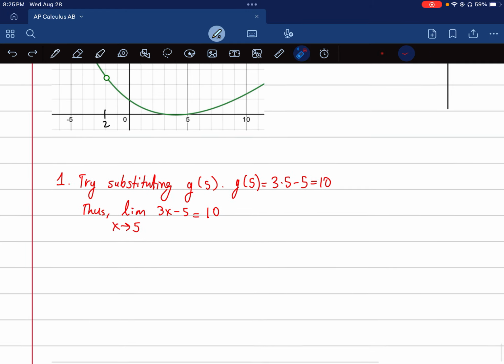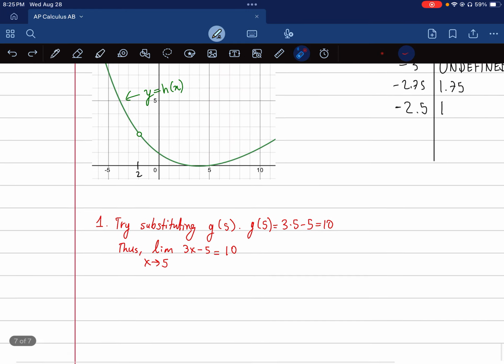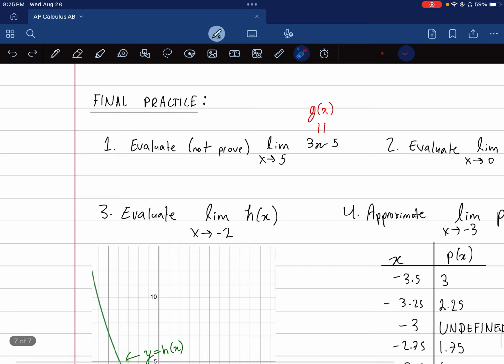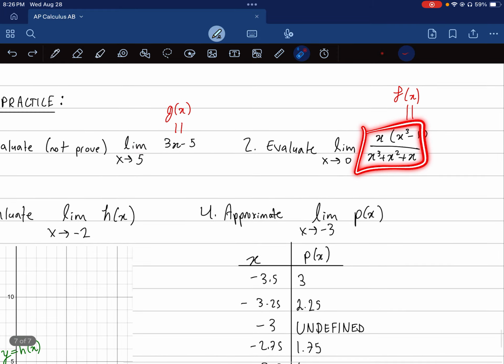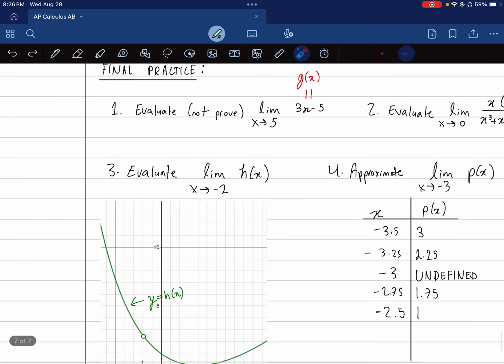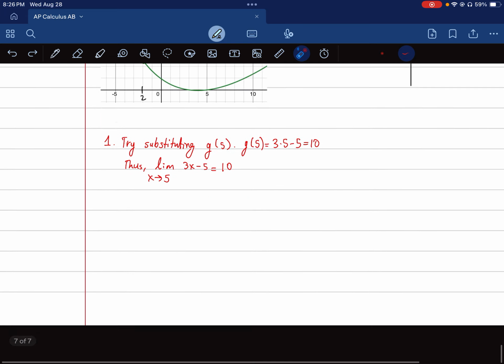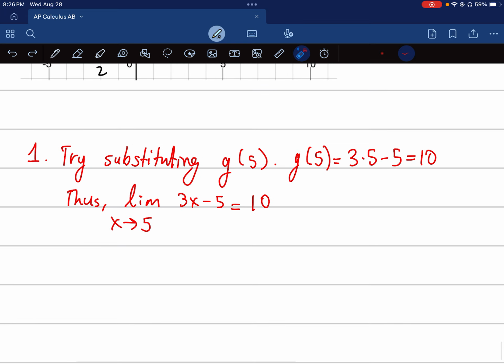So let's start off first by trying to substitute g of 5. Remember, we're going to define 3x minus 5 as g of x, and this as f of x for number 2. So if we try g of 5, we get 10.